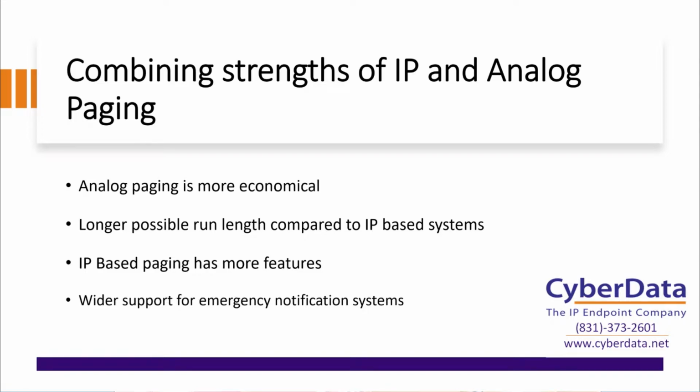And the nice thing with an IP-based system and more IP-based endpoints, over just an entire analog-based system, is you get more support and more capability of different emergency notification software suites, like we spoke about last week, with platforms like Singlewire's InformaCast or Intrado's Synapse Revolution. So by combining these two, you can get a lot more capability out of the system and really capitalize on the strengths of both avenues of paging.